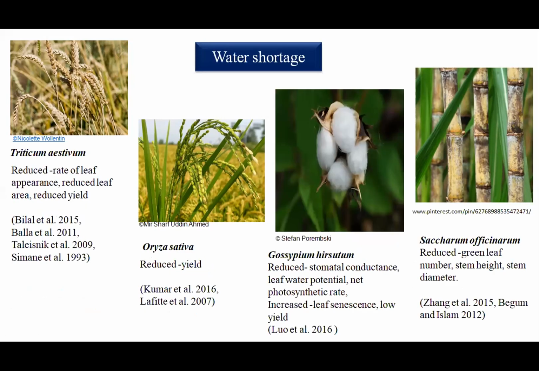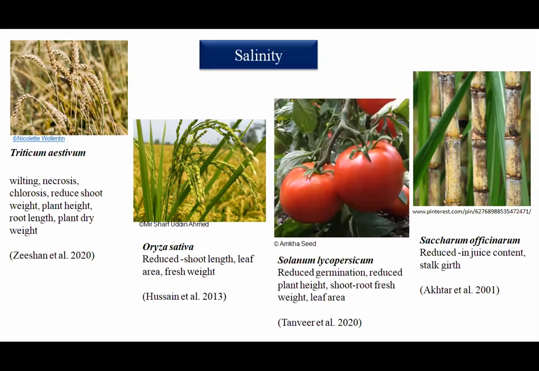And in terms of water shortage, again, these three, including cotton, are severely affected, with reduced rate of leaf appearance and area, and yield is again affected in all these crops.